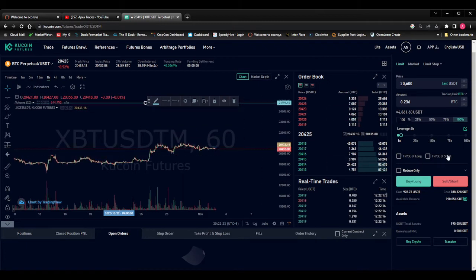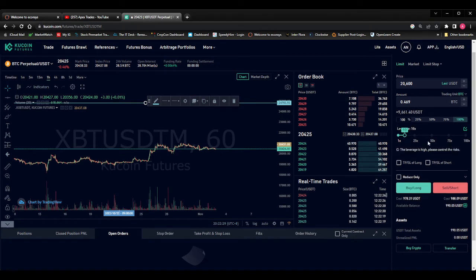What happens if I want to trade with 10x leverage? Well, right now we're trading with just shy of 10k, or nearly half a Bitcoin at 10x leverage. What that gives you is better returns.